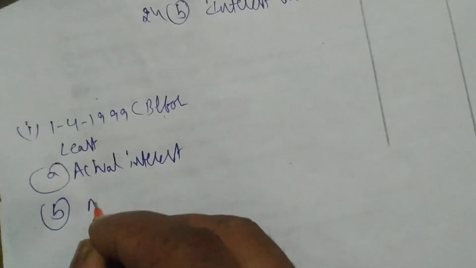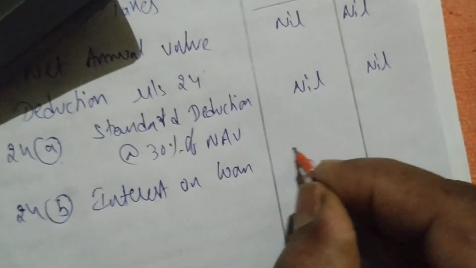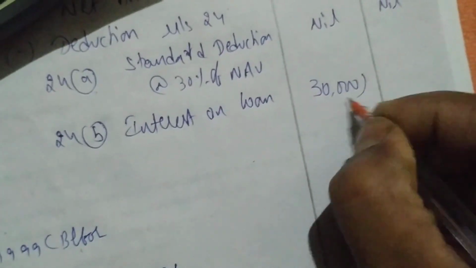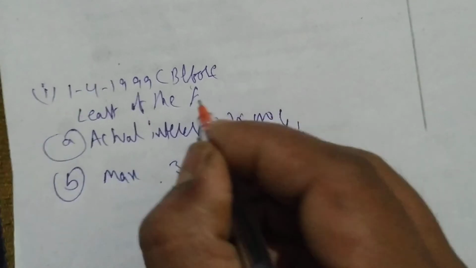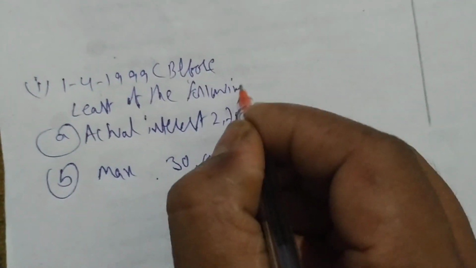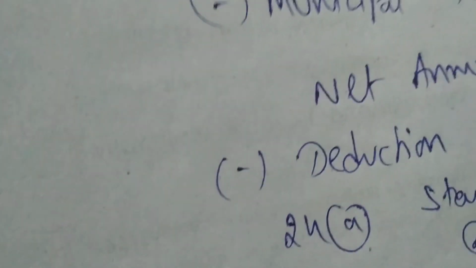And maximum is how much? 30,000. In the question, how much is given? 2,75,000. From these two, which is least, which is less? 30,000. So we have taken here 30,000. Okay, this is the meaning of least of the following. Least of the following means from the two, whichever is less, that we have to take. So what is less from these two? 30,000 is least. So that we have to write here.